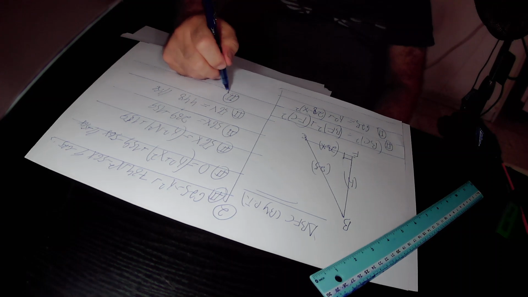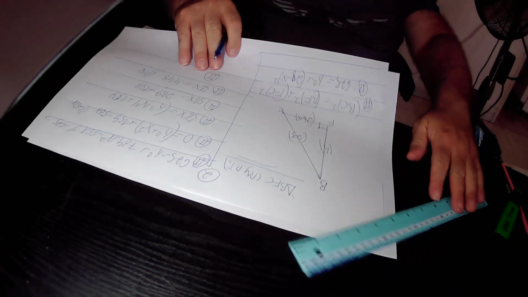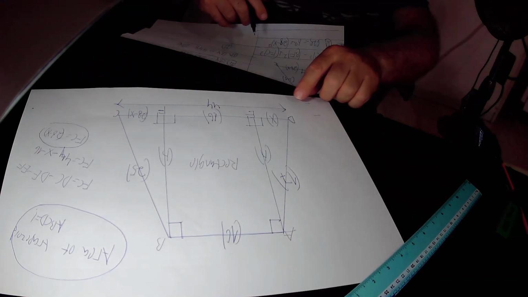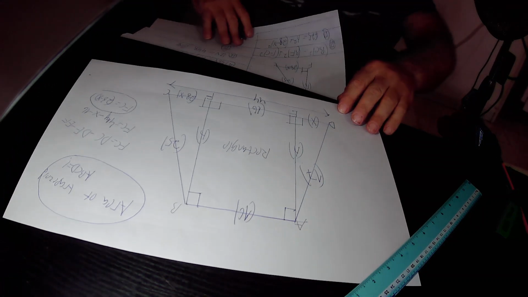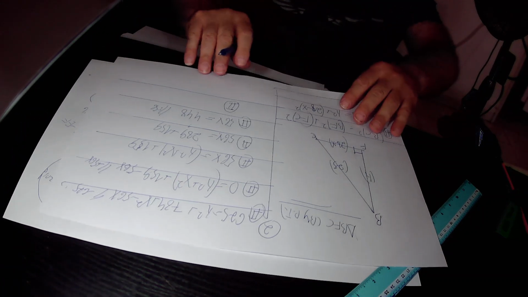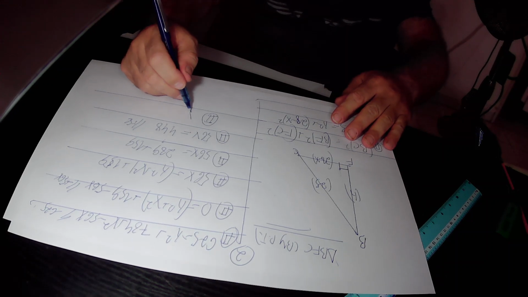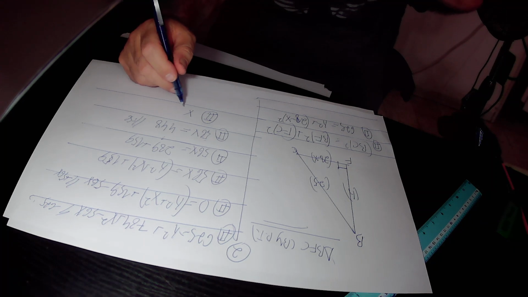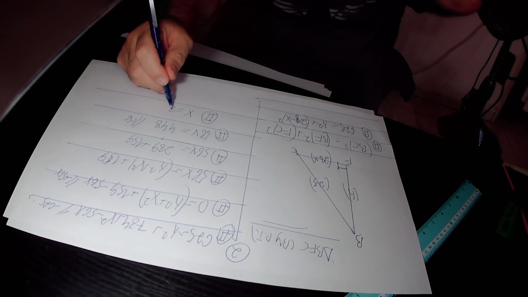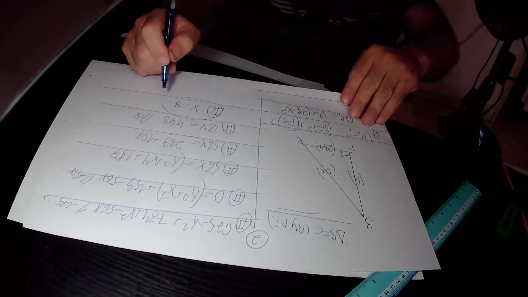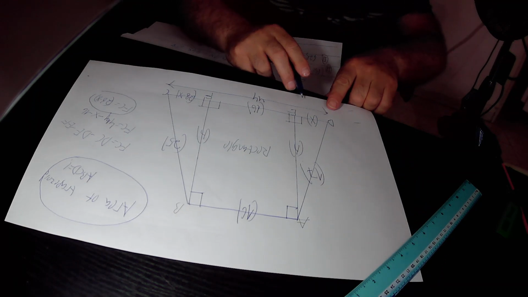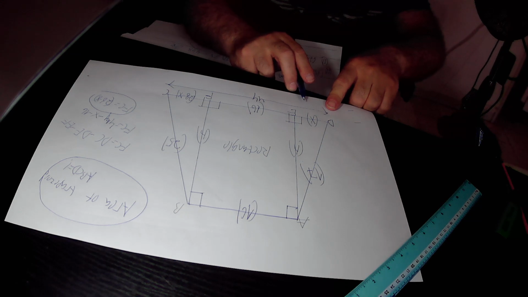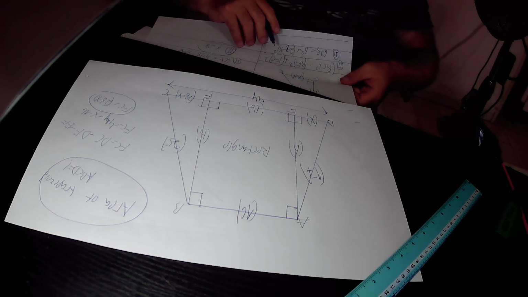x is 448 over 56, which equals 8. So we found out that the length of x equals 8 units.